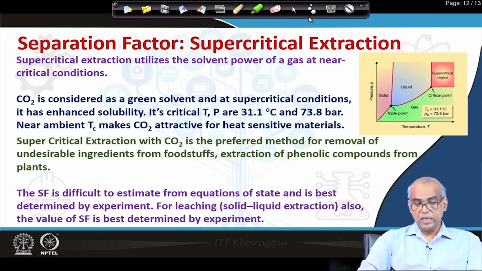Similarly, for liquid-liquid extraction or leaching also, the value of separation factor is best determined by experiment.